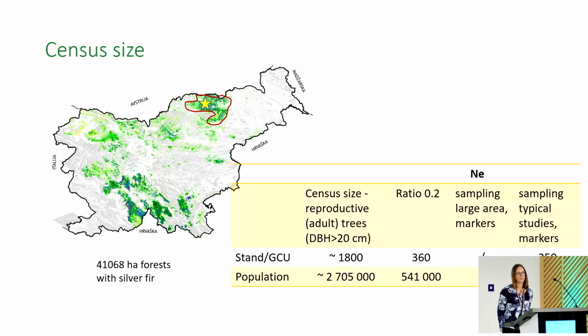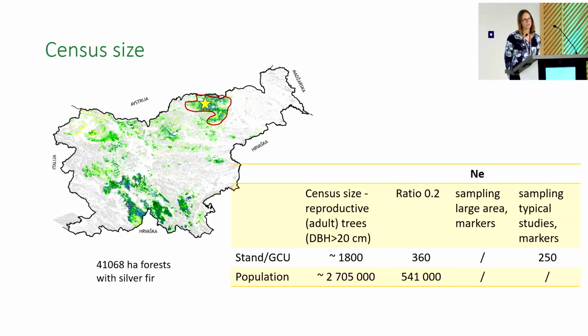So if we compare the results of the estimates to the census size and use the ratio, we can again see that what we got with the sampling is basically an effective population size for the sampled area, not for the entire population, which would be in the range of 500,000. Again, what we got was well below 500.